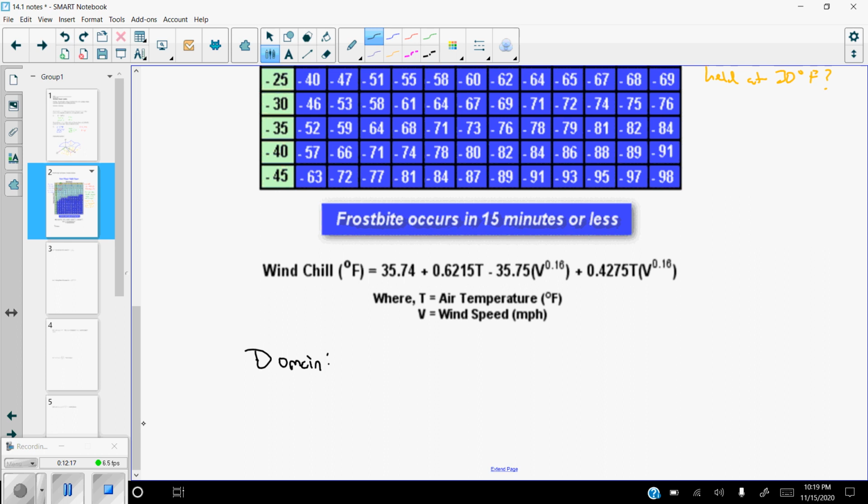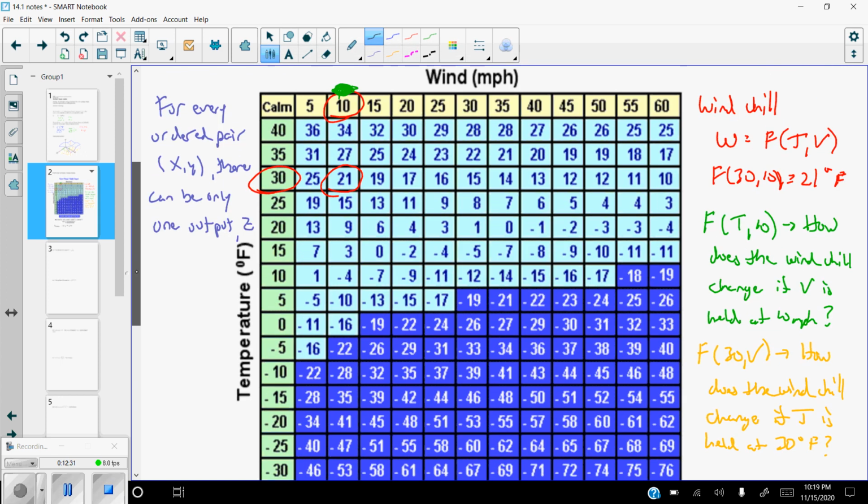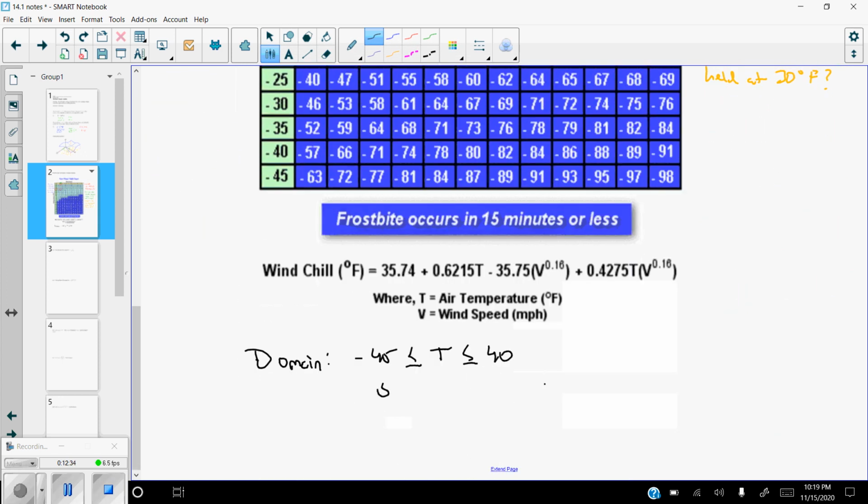So based upon our chart, -45 degrees is less than or equal to T, which is less than or equal to 40. And then it looks like our velocity goes from 5 to 60. So 5 is less than or equal to V, the velocity, which is less than or equal to 60.